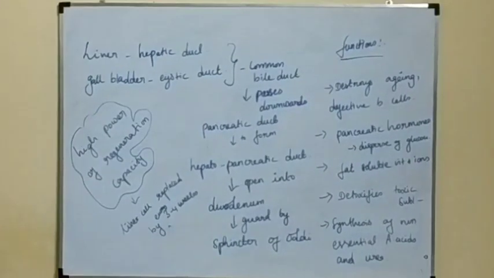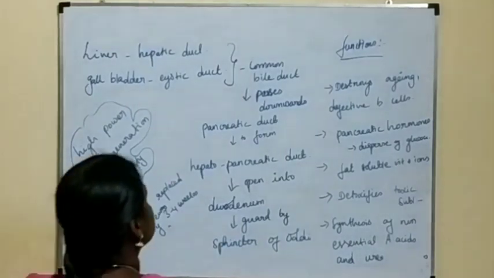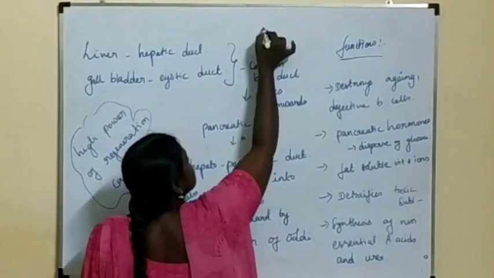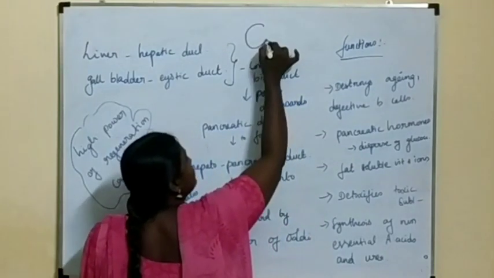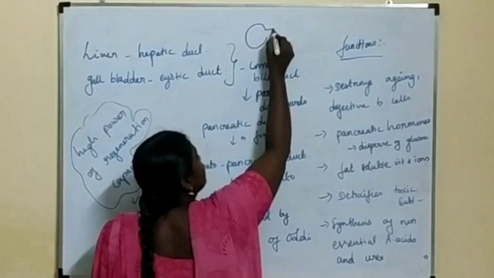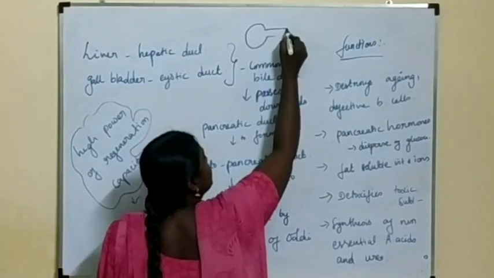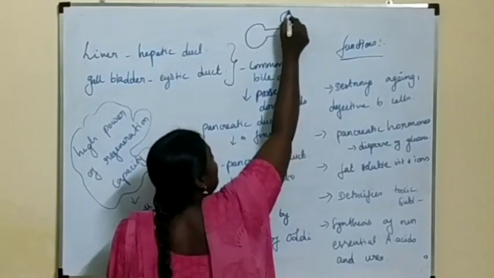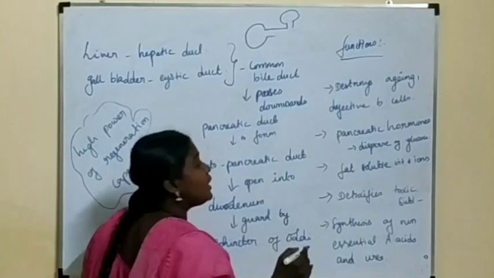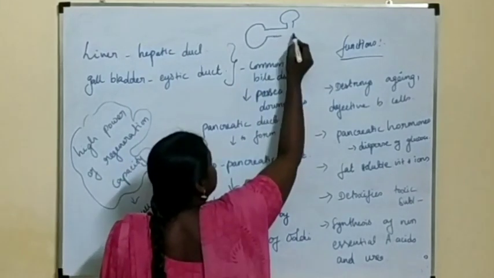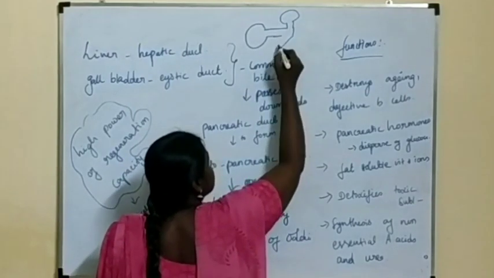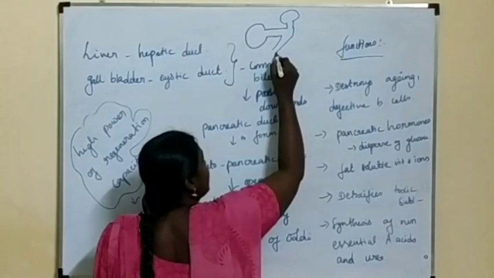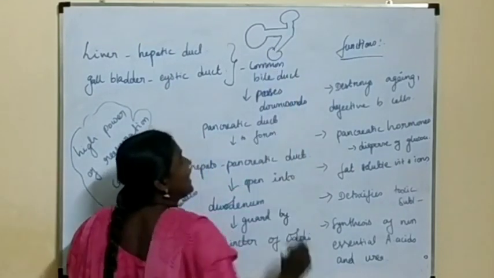Okay, now we will understand what ducts are present in the liver. So this we consider as the liver. The liver is always attached to this one, the gallbladder. Next, it goes down, and this is the pancreas.